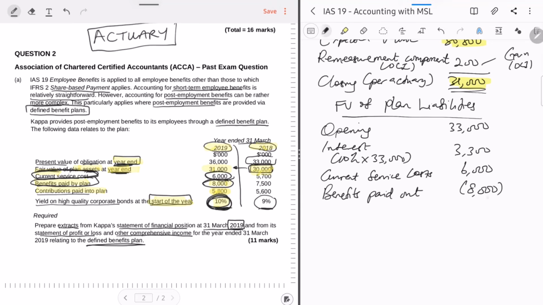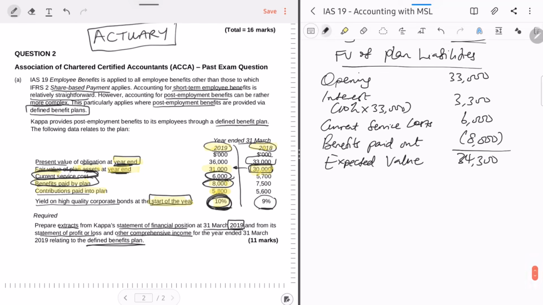Okay, so what does that give us in terms of our expected value? Let's add that up. We have 33,000 plus 3,300 plus 6,000 minus 8,000. That gives me 34,300. So I have 34,300.